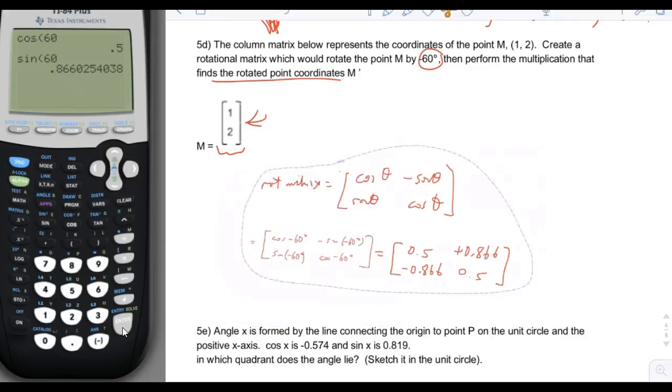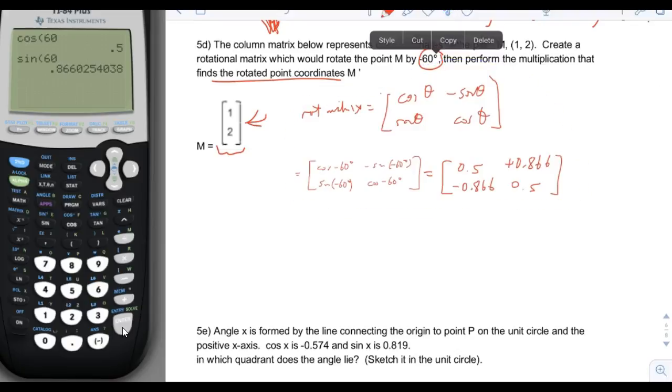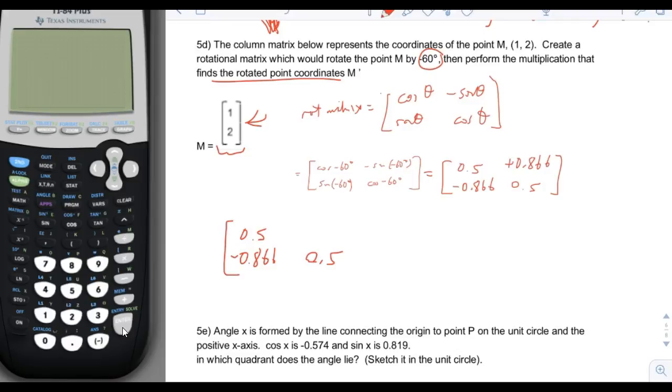So I'm going to do that. I'm going to take my new matrix, which is this matrix here. You can do it with square root of 3 over 2 if you want. Okay, and I'm going to multiply it times the matrix 1, 2. So I'm going to multiply this times this, and that's going to be 0.5 plus 2 times 0.866.